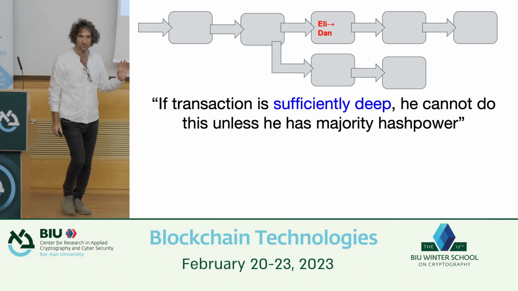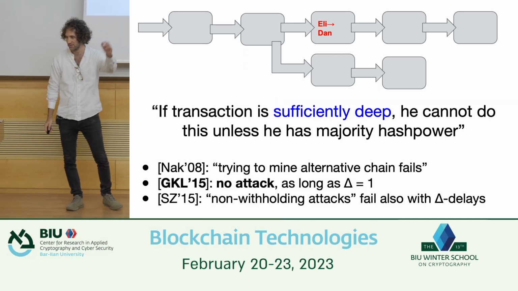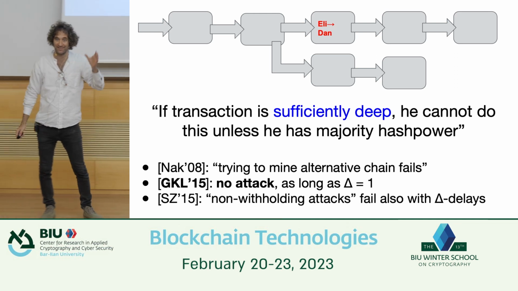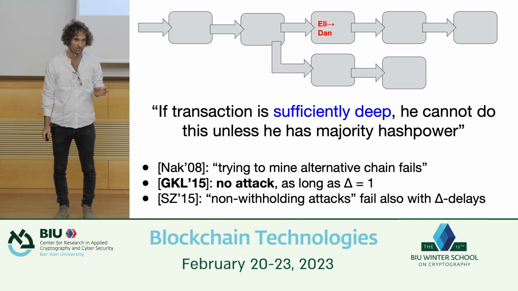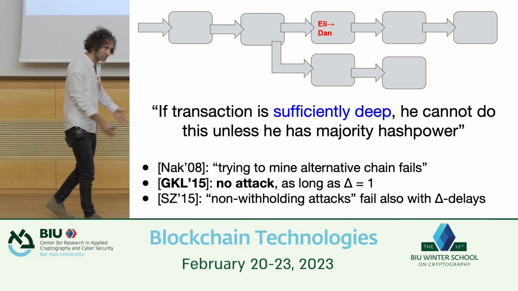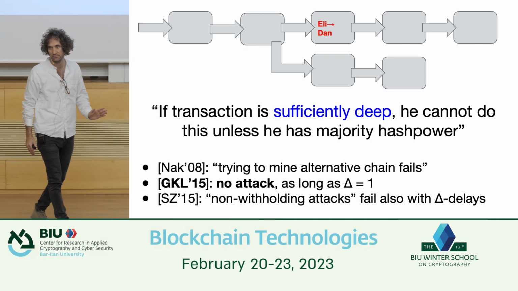Now, Nakamoto was clearly aware of this. And so what he suggested was, if the transaction is in a block that's sufficiently deep down in the chain, then it cannot be reversed. In fact, he argued that if the only thing you're trying to do is this attack of mining a chain that's longer on the side, that's not going to succeed.